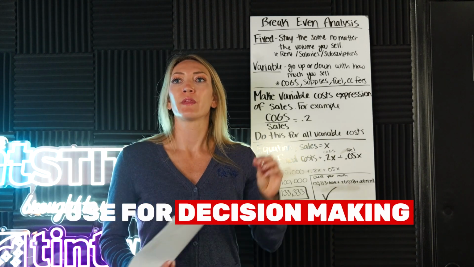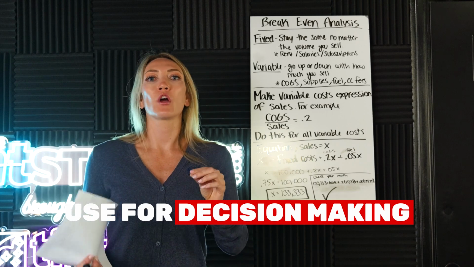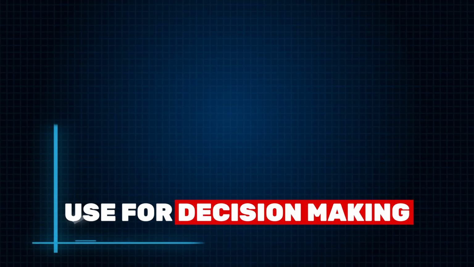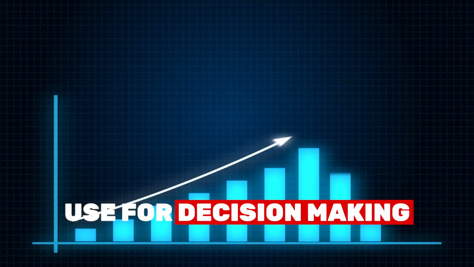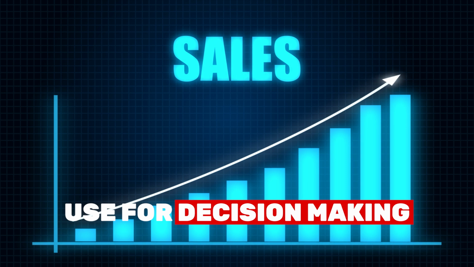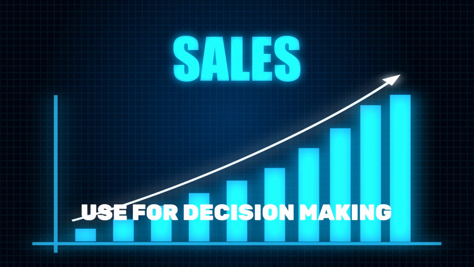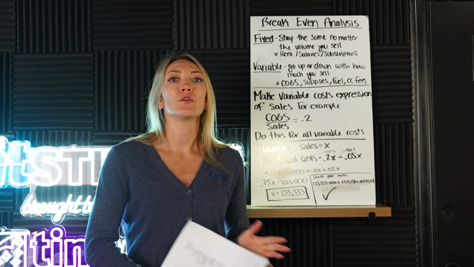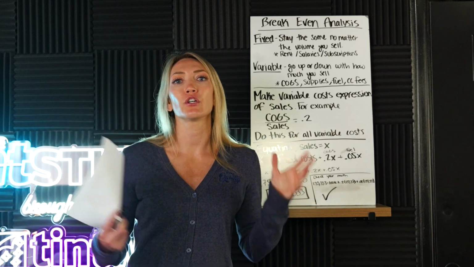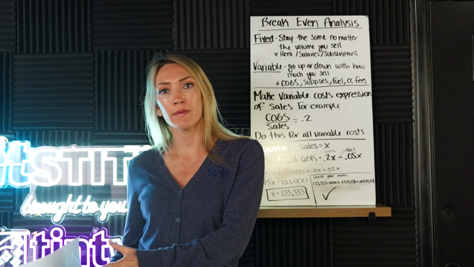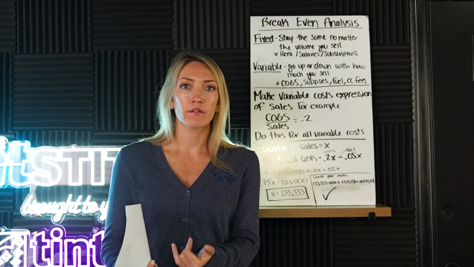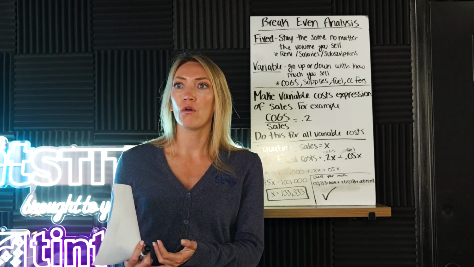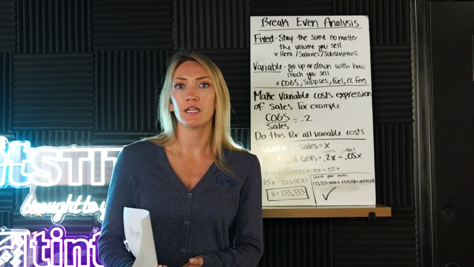So for example, if you're in a business where you're operating out of your home and you want to see what your sales break-even number needs to be to move into a commercial space, you can use this equation. Or you have a pre-established business and you're looking at adding a new department that's going to add new salaries and increase your payroll, and you also need new equipment that you're going to need to pay for.